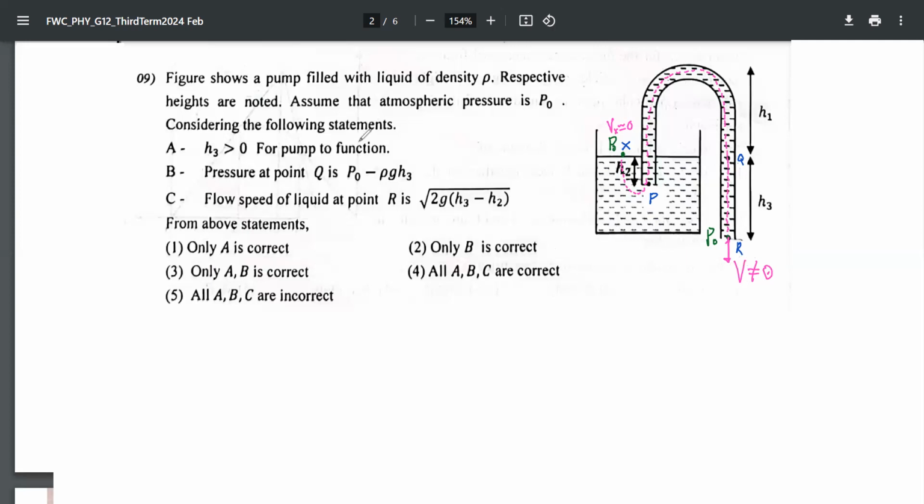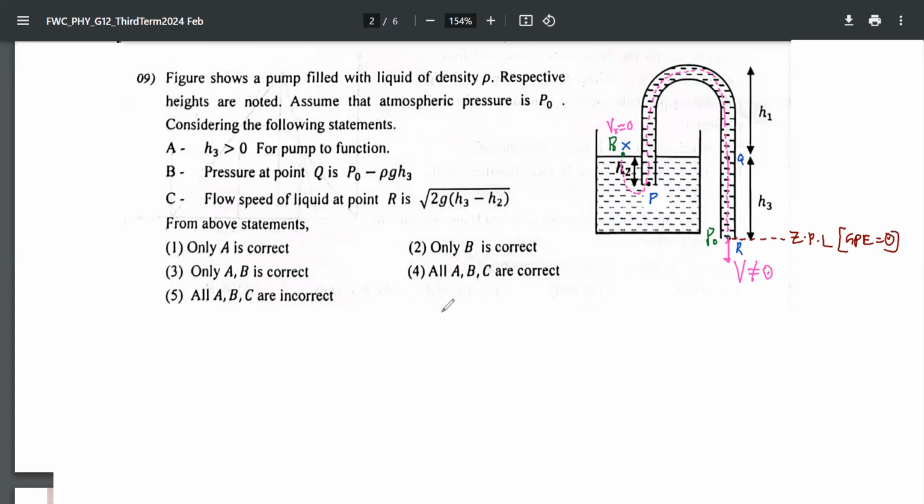Okay. Consider the following statements. So let's apply Bernoulli's theorem. How will you apply Bernoulli's theorem? For which points? Whenever you apply Bernoulli's theorem, you have to define a level. What level is that? Zero potential level. At zero potential level, gravitational potential energy is 0.